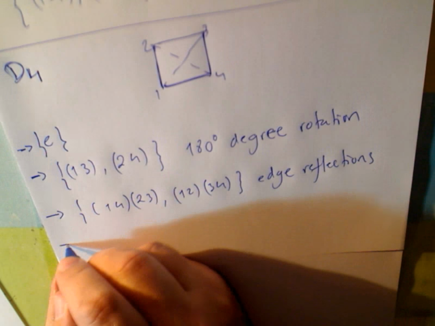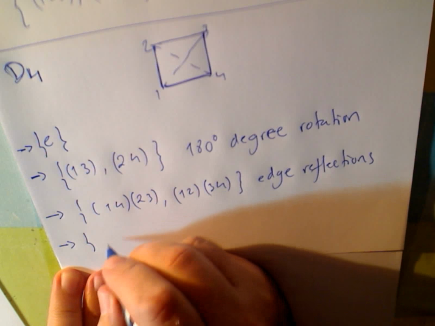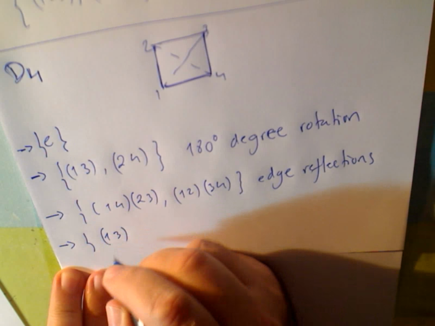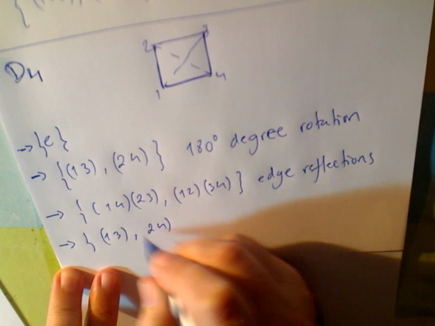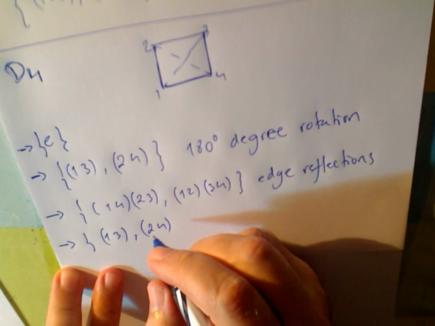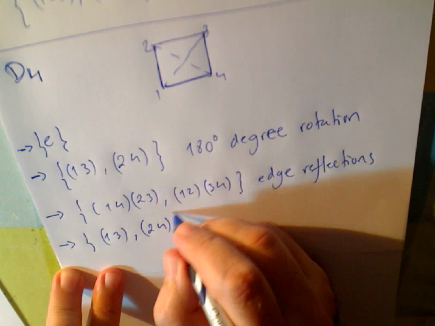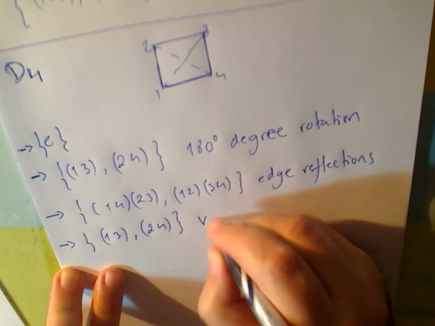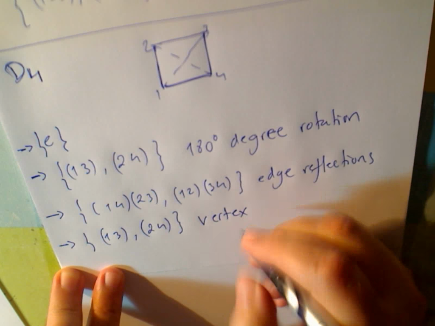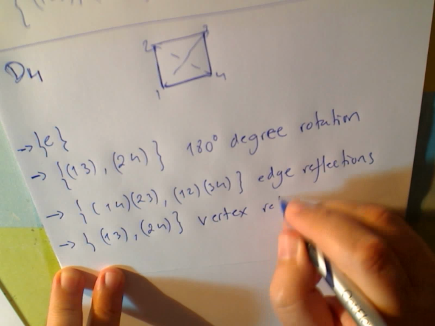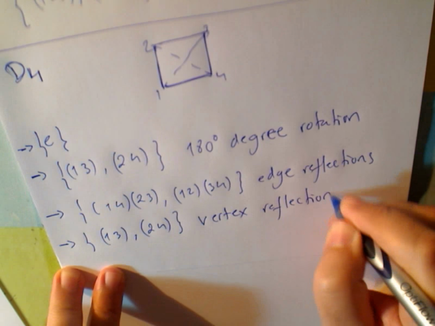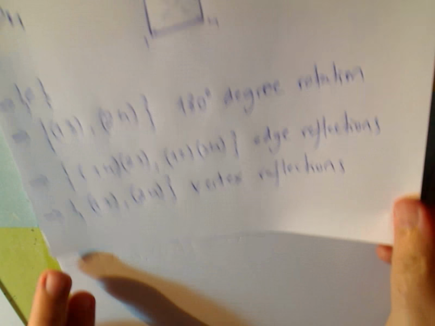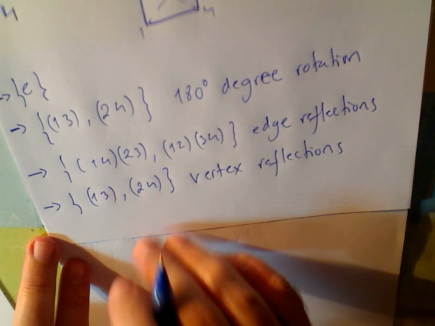Now the vertex ones, 1 3 and 2 4. This is the vertex reflections, and the last one will be the 90-degree rotations.